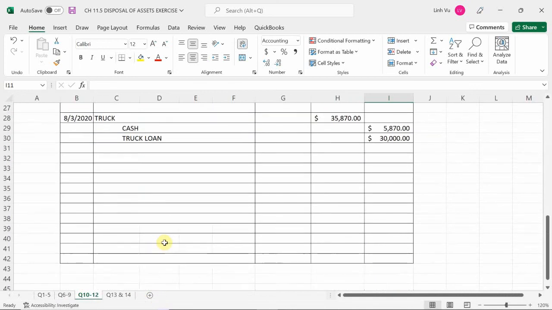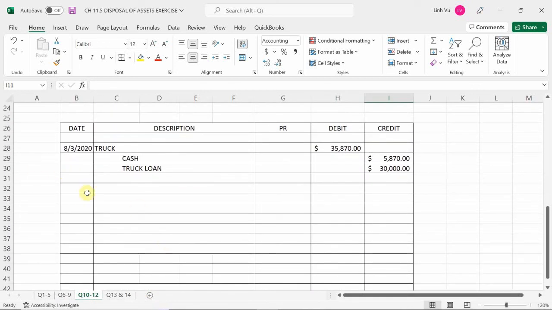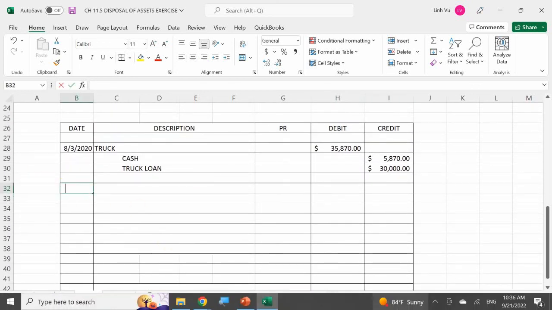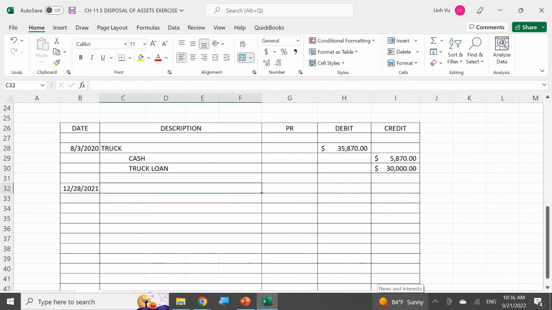So in this case, let's go ahead and journalize that. So it is December 28th, 2021, right? What did I do? What do I have to recognize first? Your truck. You got to recognize the old truck, right? Right. How much was that old truck?